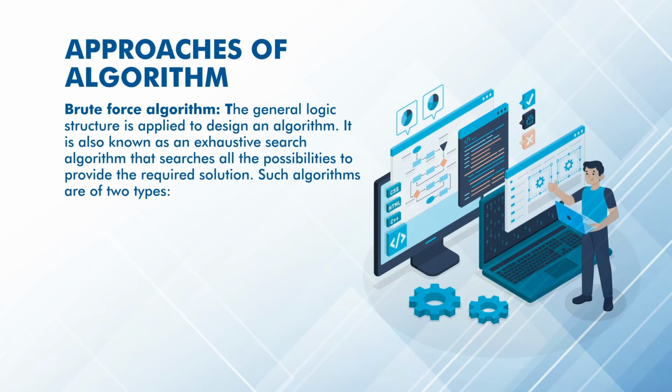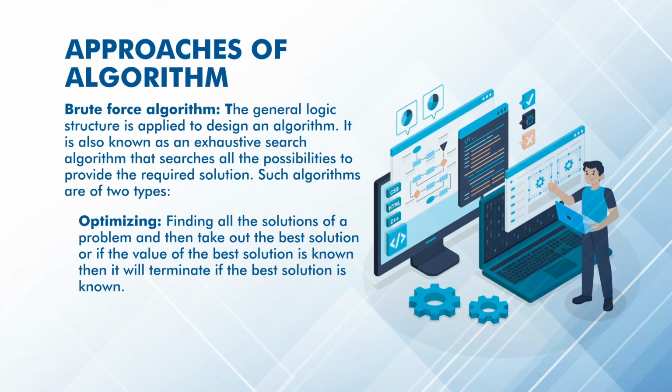So first is the brute force algorithm. The general logic structure is applied to design an algorithm. It is also known as an exhaustive search algorithm that searches all the possibilities to provide the required solution. Such algorithms are of two types.